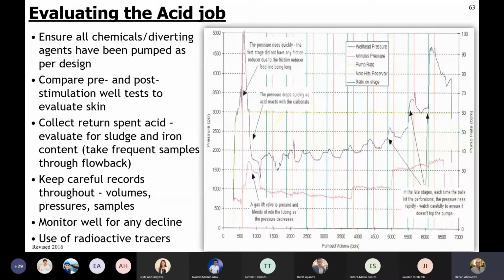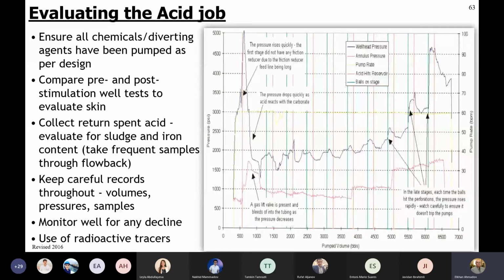We need to collect the return spent acid, and evaluate for sludge and iron content from the flowed back fluids during the production, and to test how it reacted with the reservoir fluids. Of course, keep records of the volumes, pressure, samples to make sure that everything goes by the plan, and monitor the well for any decline.